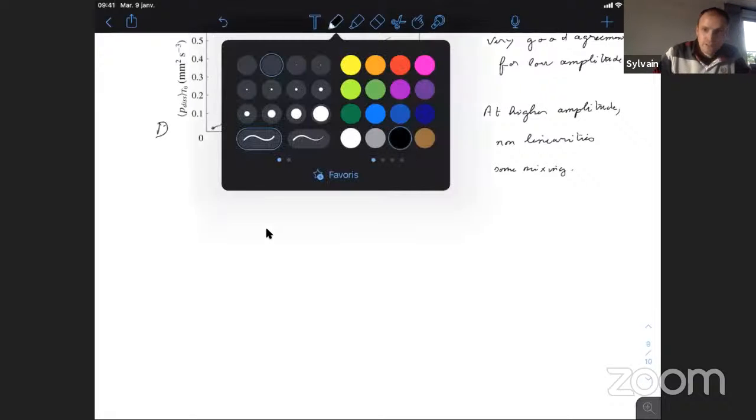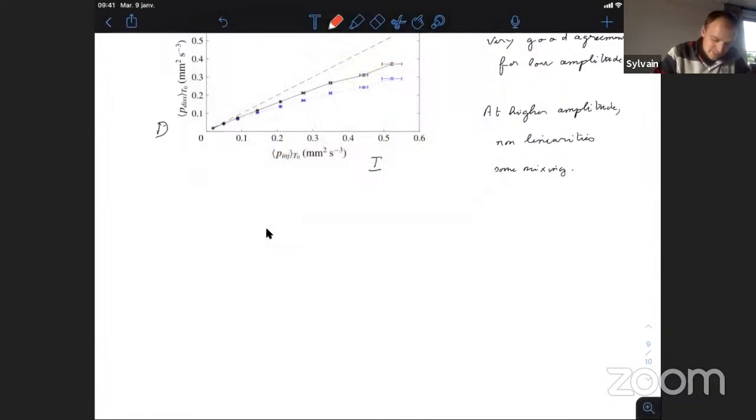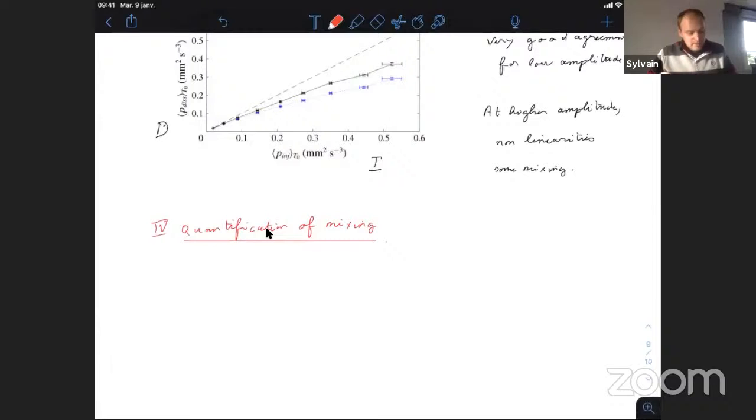And this is the final part I want to discuss today, a quantification of mixing. You will have 2 lectures by Philippe on this mixing, but I just want to explain how we can have access to a nice experimental technique to give you a quantification of mixing.